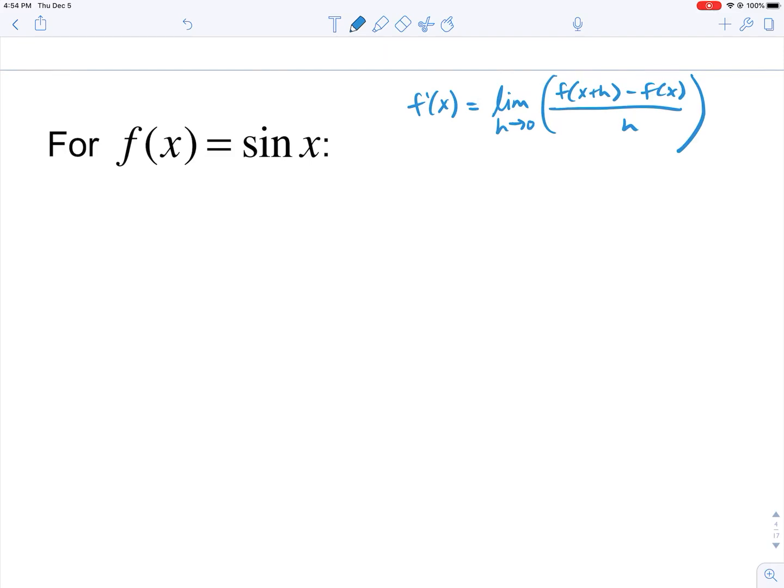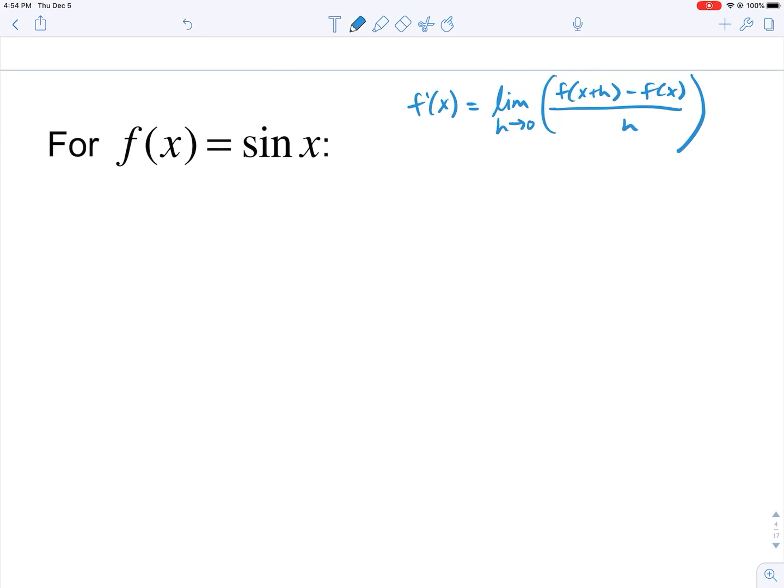And remember, when we were using the limit definition before for finding the derivative of functions, our goal was to get the h. We would use algebra to try and get that h in the denominator to cancel. Unfortunately, that's not exactly what we're going to be doing for finding the derivative of sine, but we are going to use the limit definition.